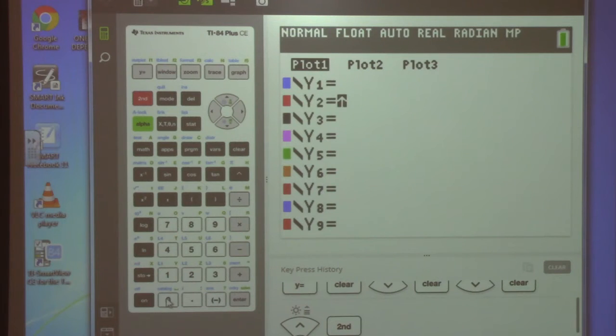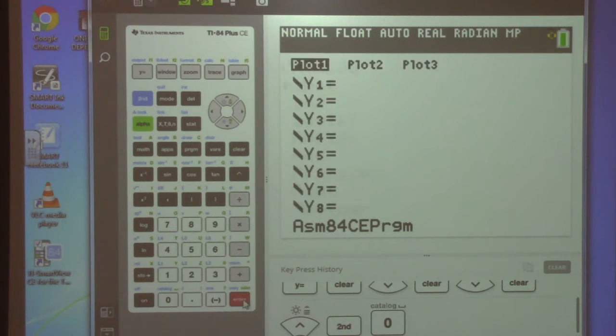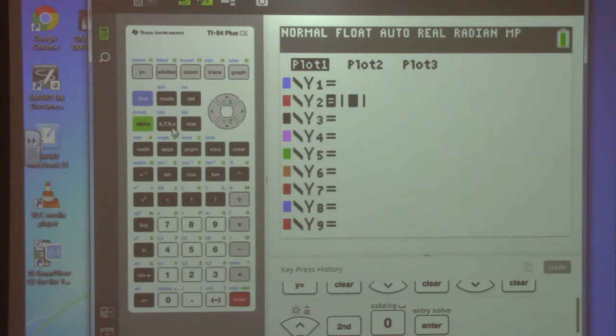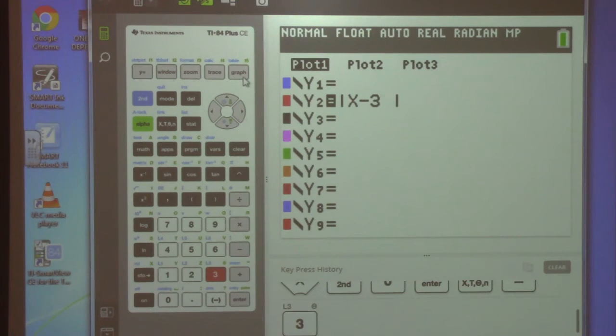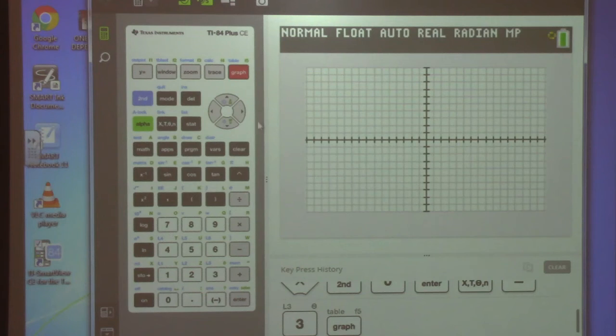Second, there are different ways to do it. I like to press second catalog enter, and here we can put x minus 3, and then we'll see which way the thing shifts. So x minus 3 here will shift the vertex to the right 3 units.